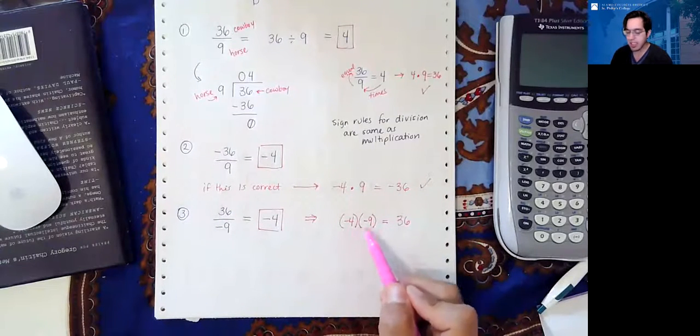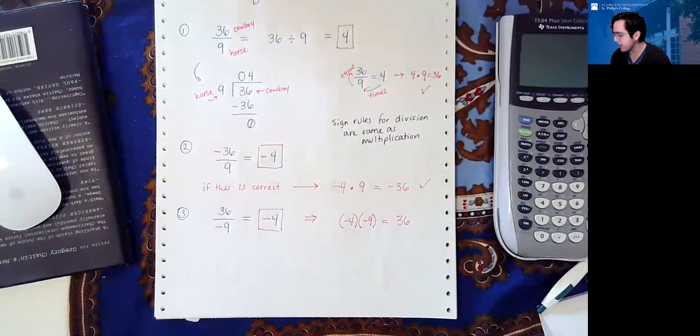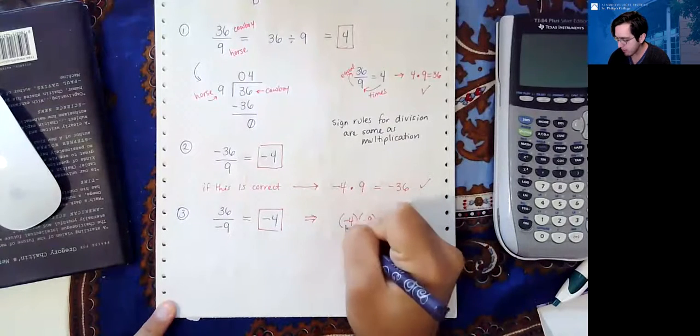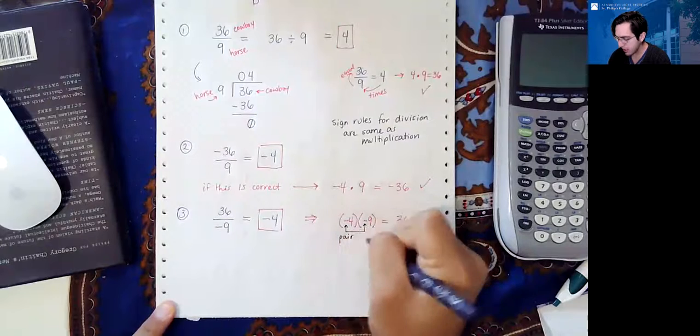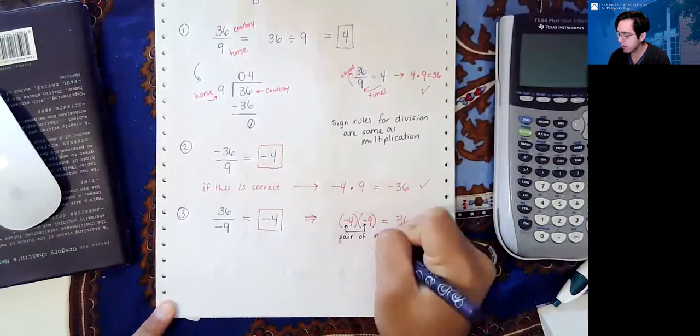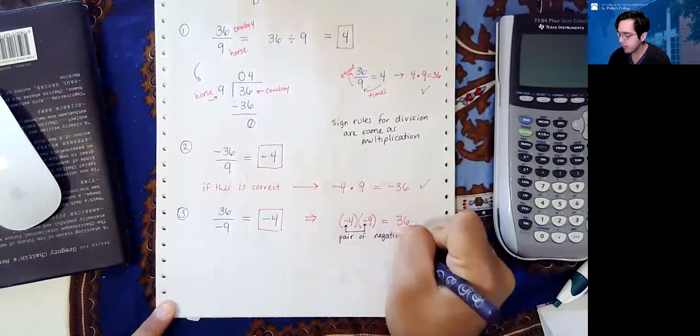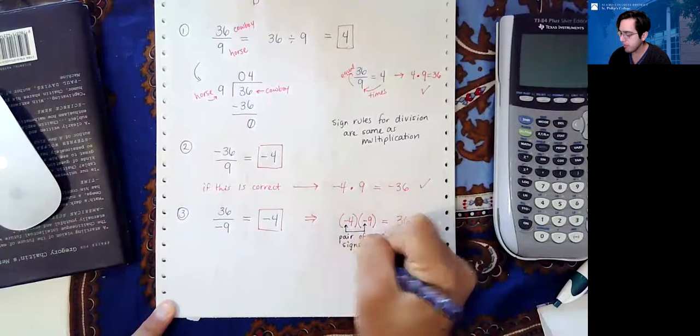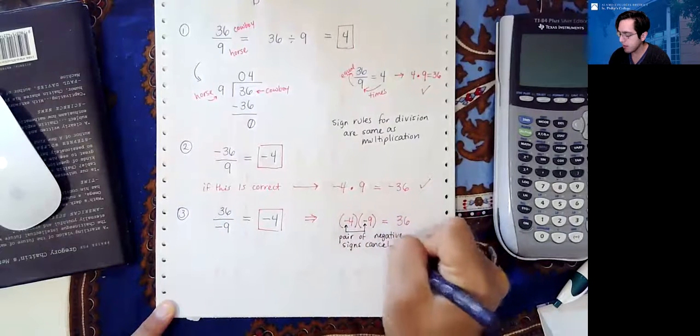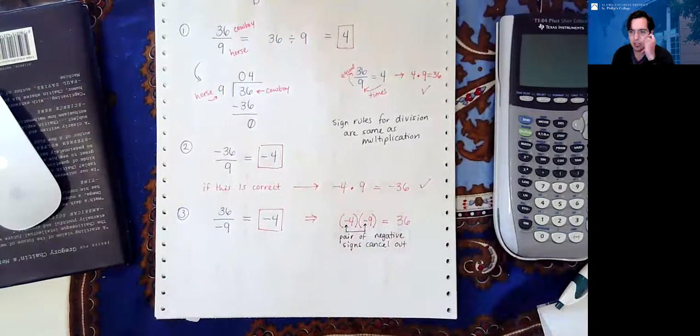Well, a negative times a negative should be positive, because remember last time I said if I have two negative signs, a pair of negative signs cancel out. And you could do visual tricks in your head where you say, okay, if I have one minus sign and then I have another one, you could sort of stick them together and get a positive sign.